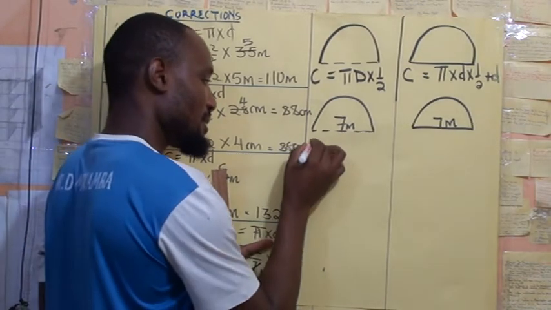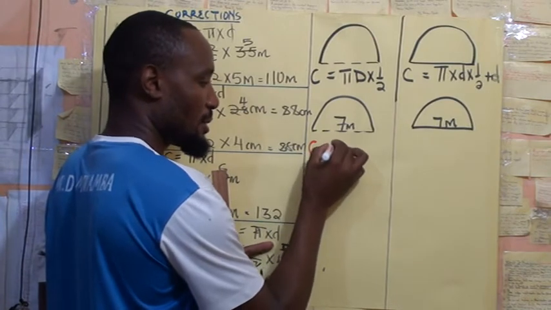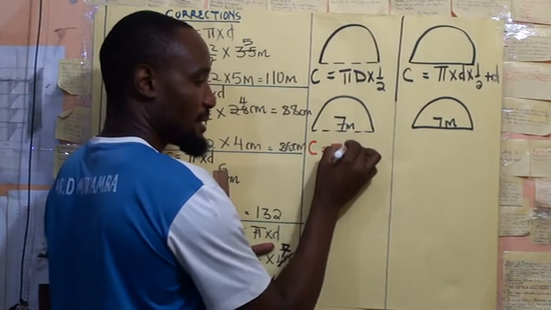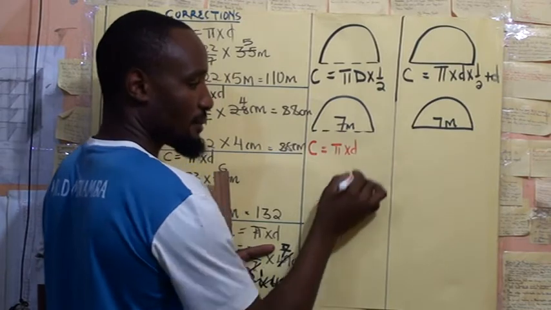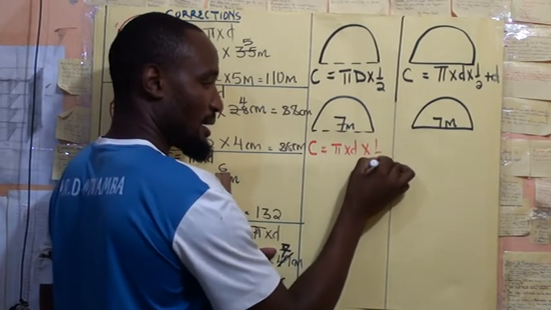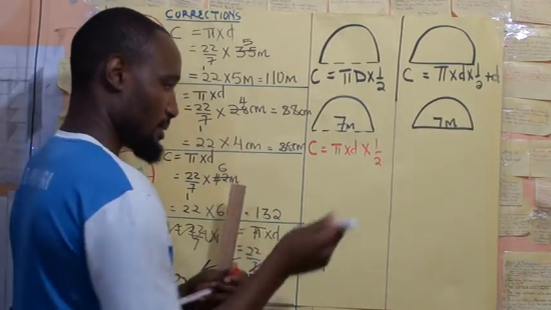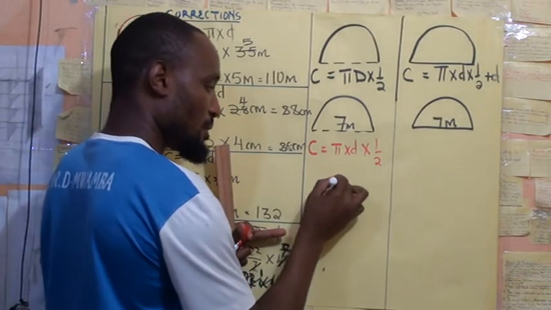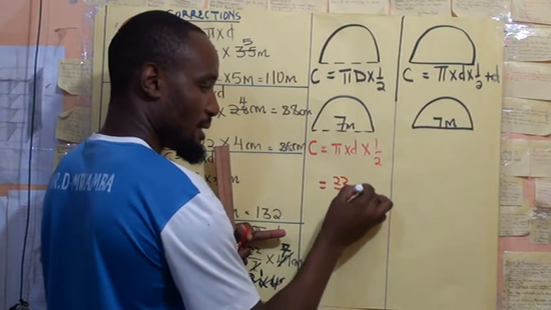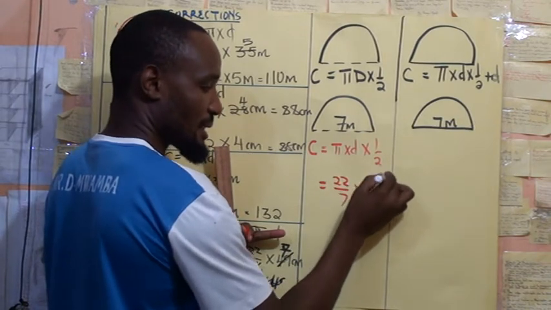So this one you see, circumference is equals to pi times d times half. So what's our diameter? 7. So what will we say? 22 over 7 times 7 times a half.